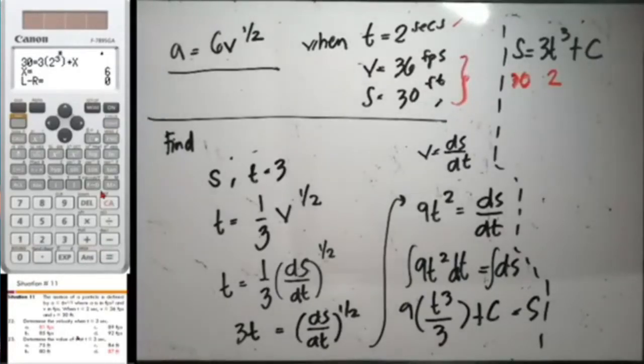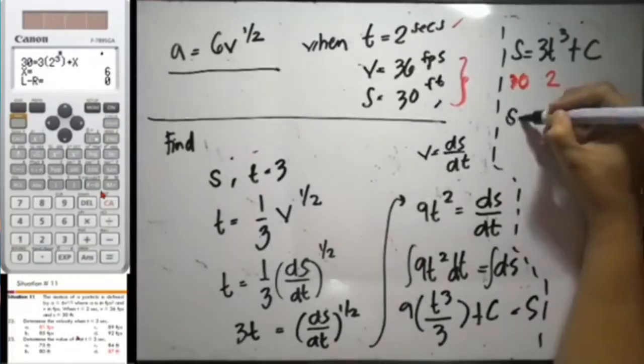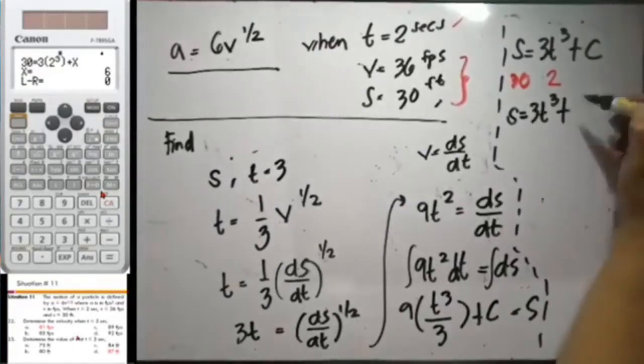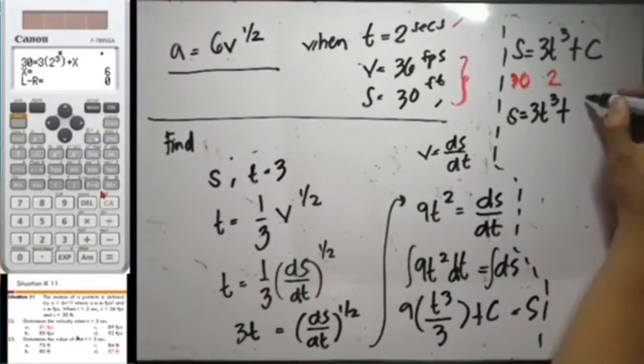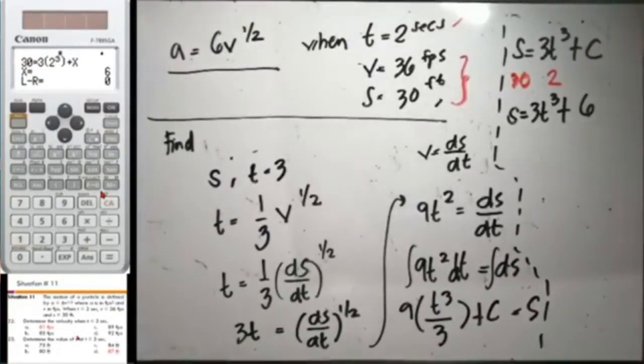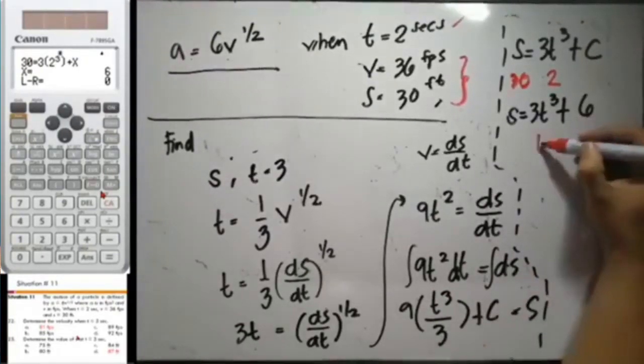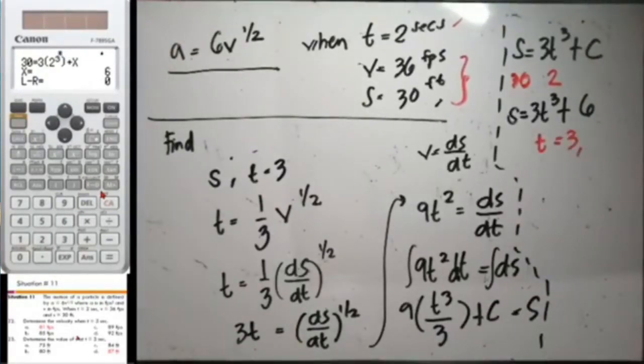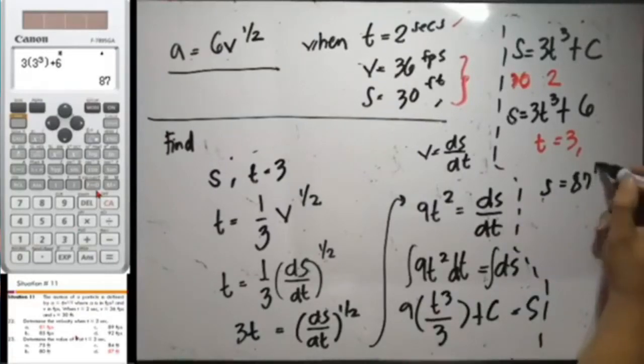So, ang pinaka-equation natin na s as a function of time, s equals 3t cubed plus 6. Okay? So, when time equals 3 seconds, ang s natin ay equals sa, yan, 87. S equals 87 feet.